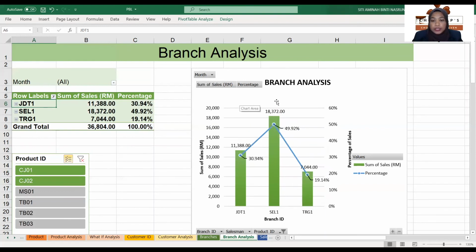As we can see in the chart, the Selangor branch contributes the highest sales of Cocoa Jar for both types of chocolate. Therefore, since pivot table, pivot chart, and slicer are linked together, branch analysis can be conducted easily and quickly.